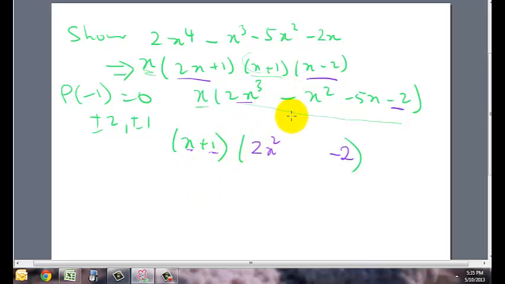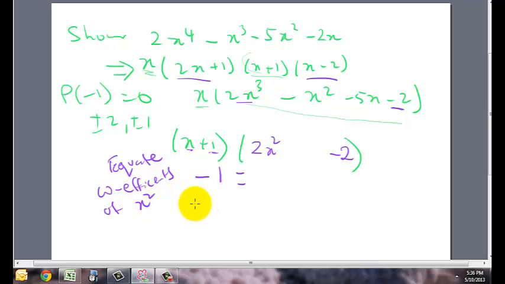So I'll do the left hand side first. So minus 1 must equal 1 times 2. Equate, maybe I should write that. Equate coefficients of, for instance, x squared. I'm equating coefficients of x squared.